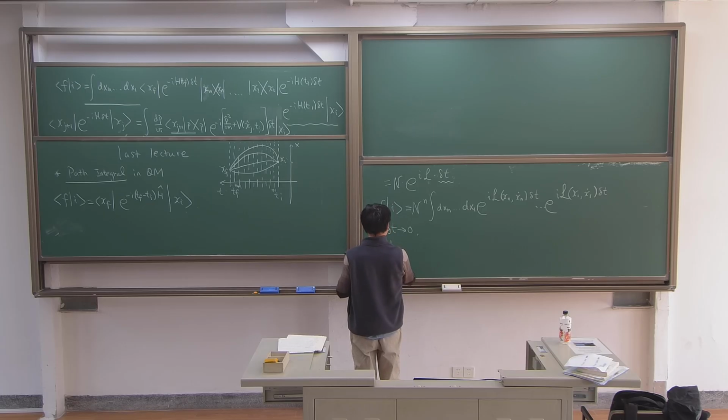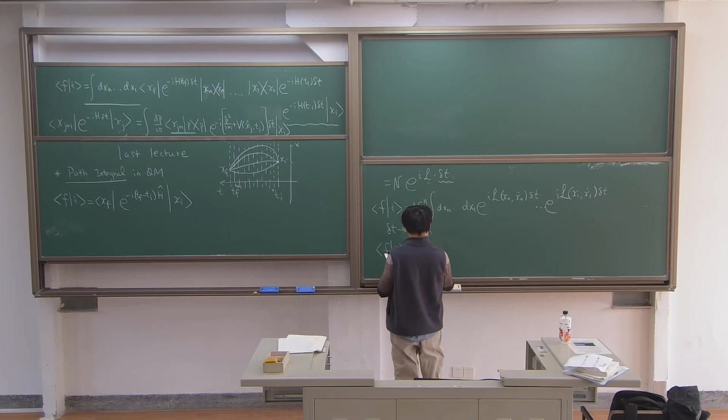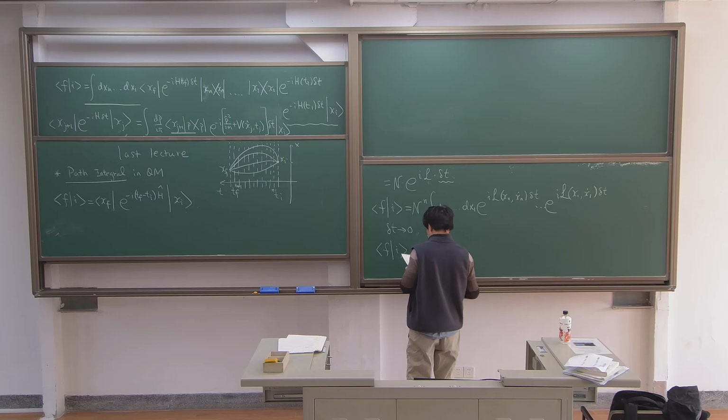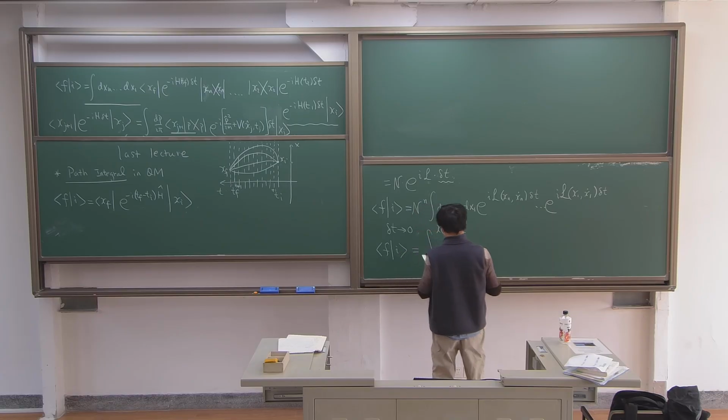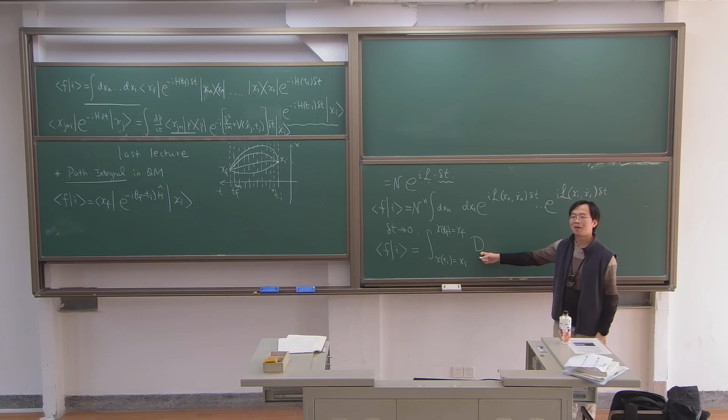And you get that the total amplitude is equal, up to a prefactor, to a sum over all the paths. Let's use the capital D to distinguish from the small little d. Little d means the usual integral.